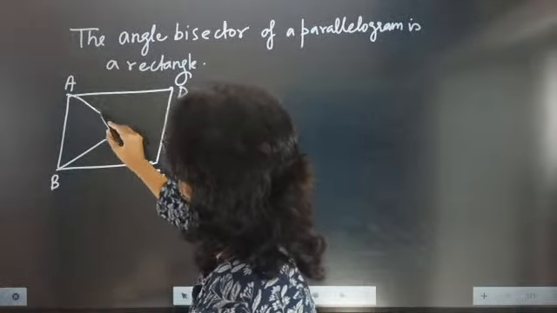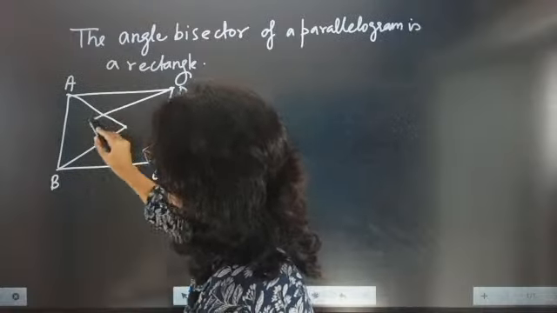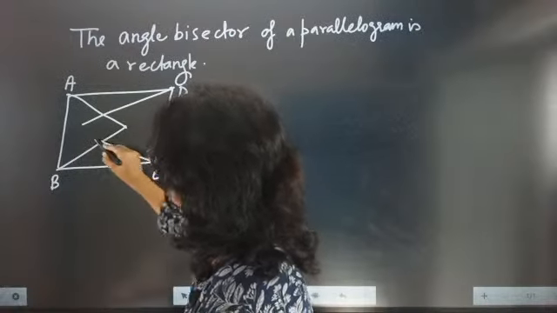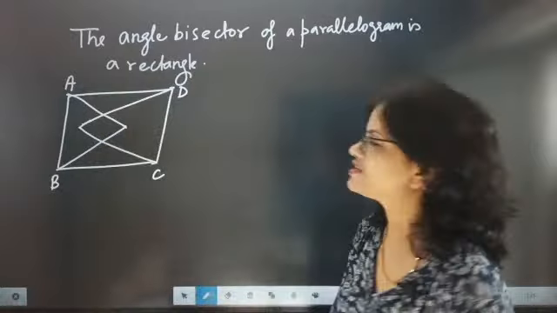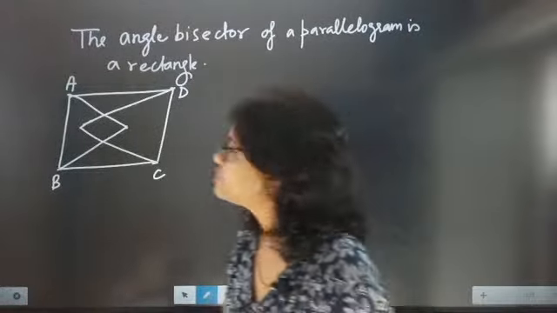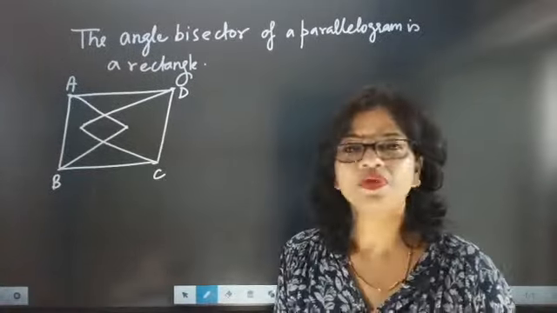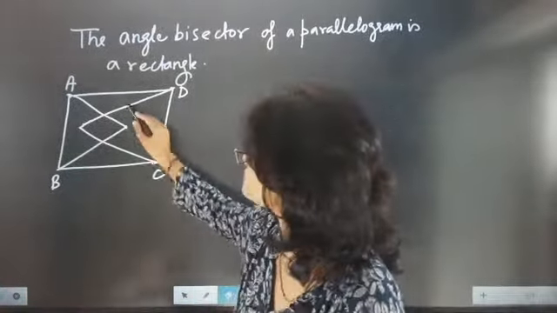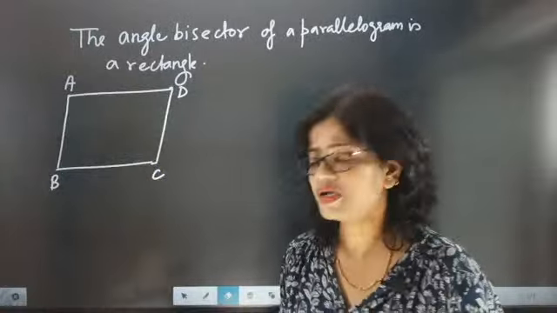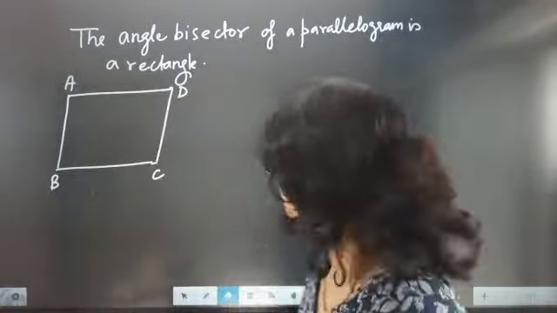This is the bisector. So these bisectors are meeting like this. Shall we do like this? Or the angle bisectors are exactly going to join like this?